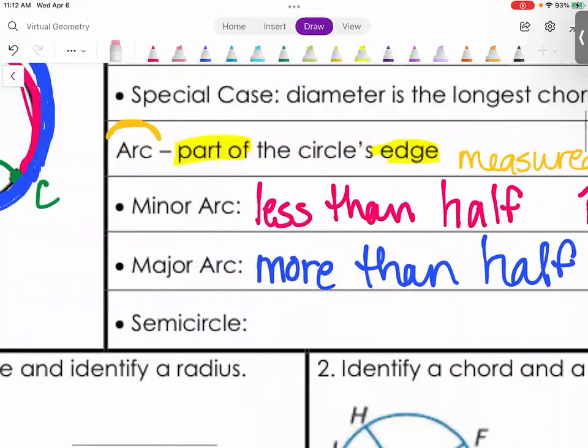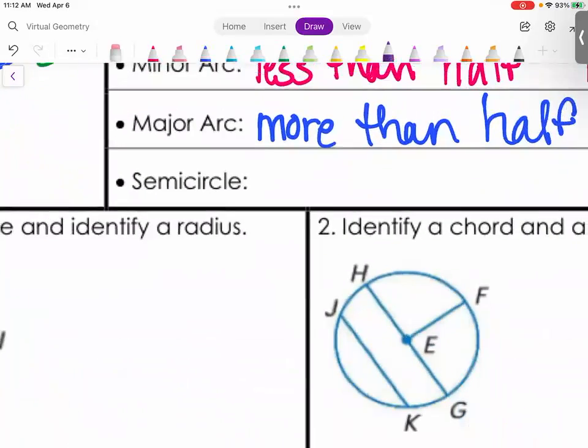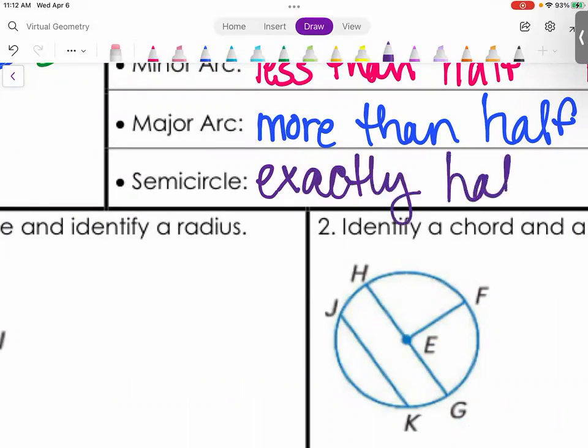Now, the other special classification that we have is a semicircle, which is exactly halfway around.